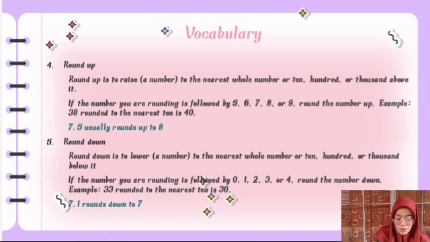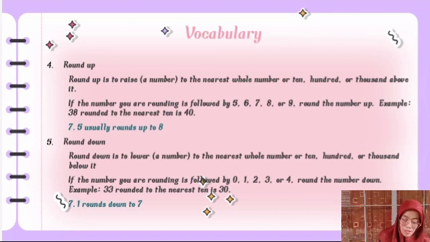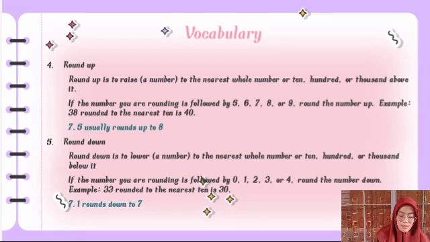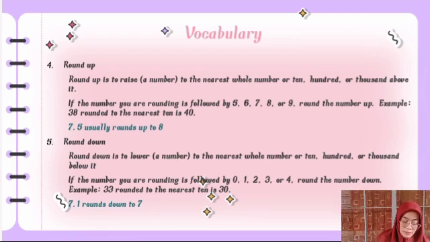If the number you are reading is followed by 0, 1, 2, 3, or 4, round the number down. Example, 33 rounded to the nearest 10 is 30. 7.1 rounds down to 7.